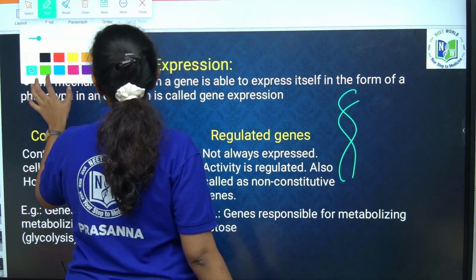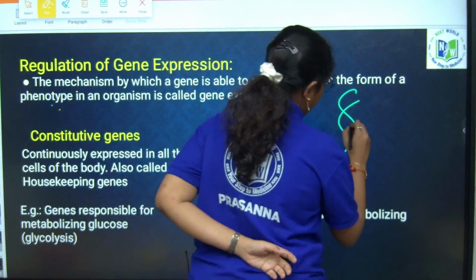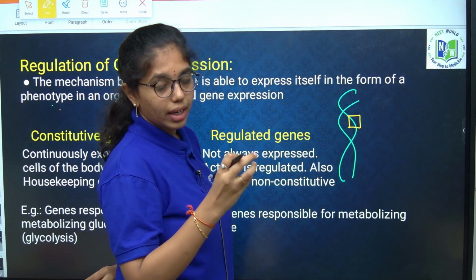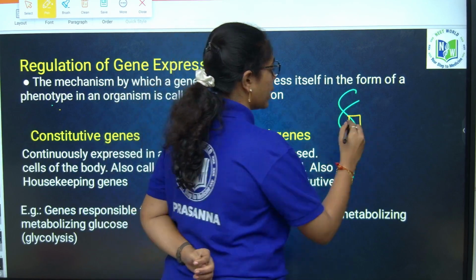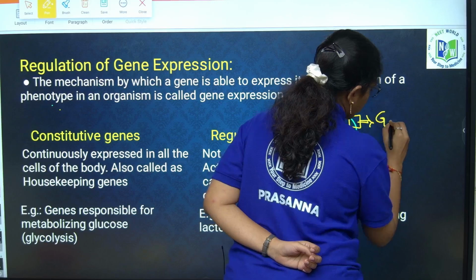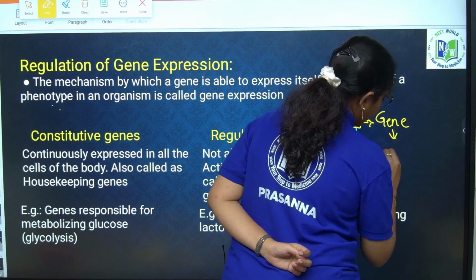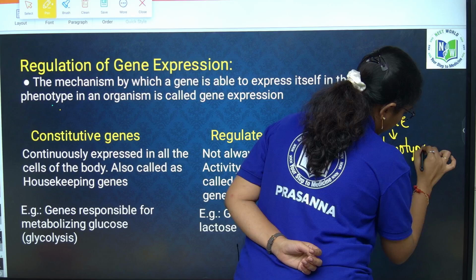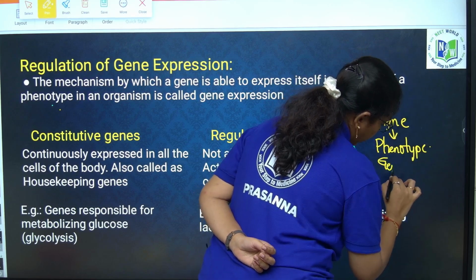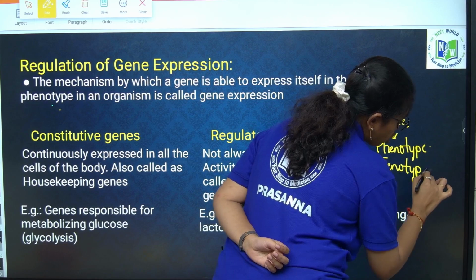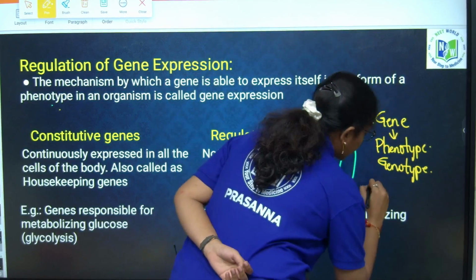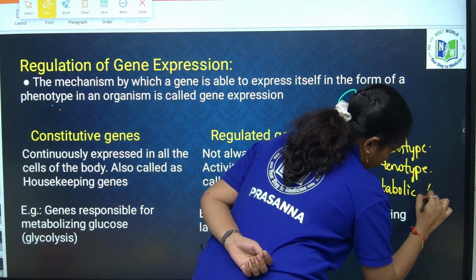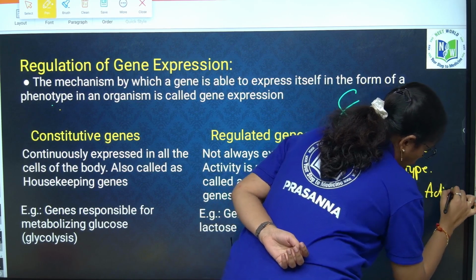From a long strand of DNA, a gene is nothing but the functional unit of inheritance. So a gene is expressed either in the form of phenotype and genotype, or it can also show its expression by conducting some metabolic activity or enzymatic activity.